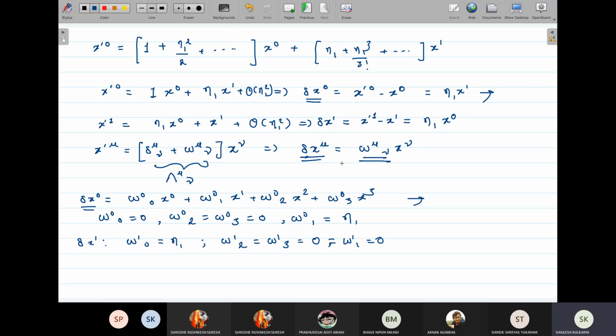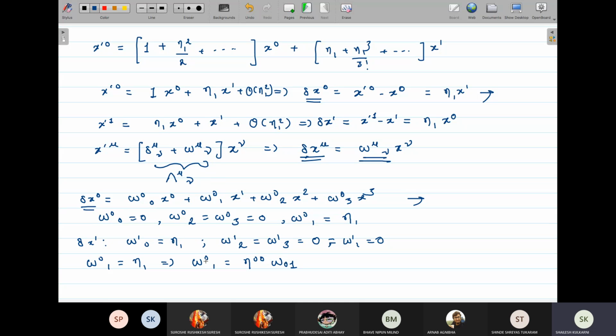So basically, from this, omega upper 0, 1 is equal to eta 1. From this one can deduce that omega lower 0, 1 is nothing but eta 0, 0 times omega upper 0, 1, where I have lowered this index.